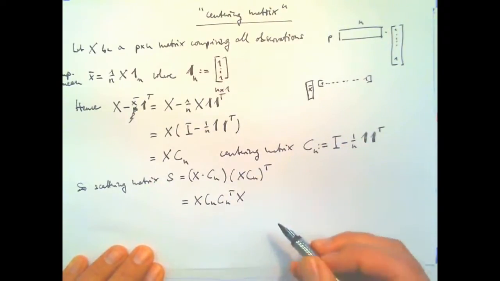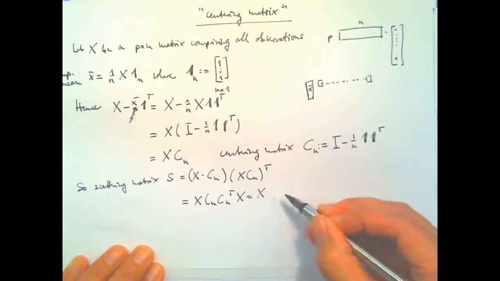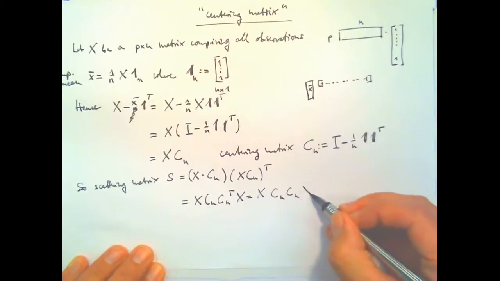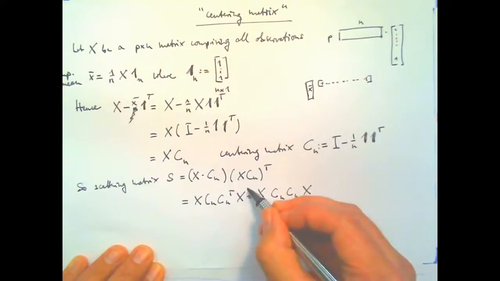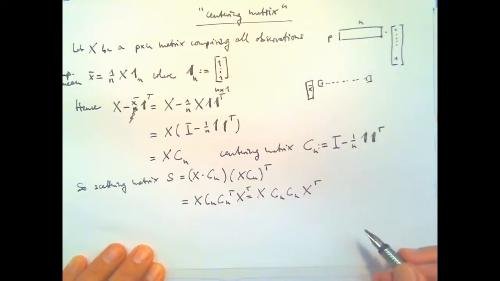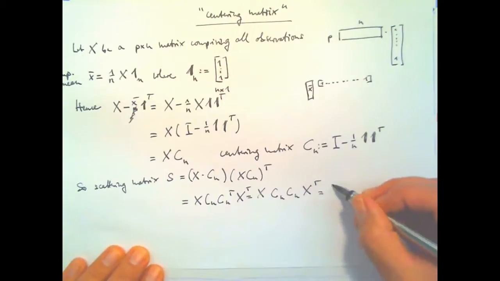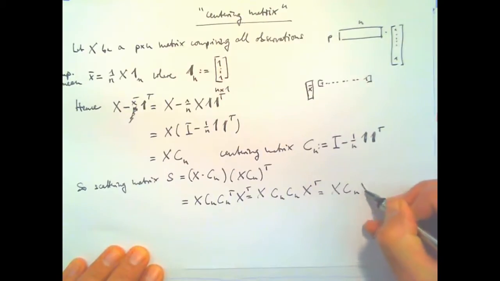And because it is a symmetric matrix, I can write that as C_n C_n, and it's an idempotent matrix. So there we go.